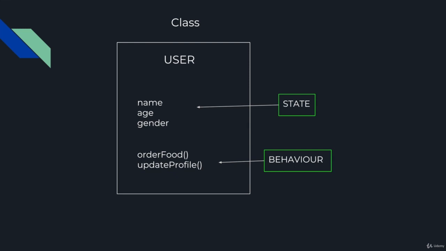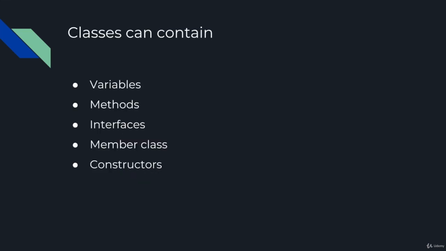These variables and methods are known as the members of the class. Classes can also contain interfaces, member classes and constructors as members, apart from variables and methods. So in total a class can have variables, methods, interfaces, member classes and constructors.